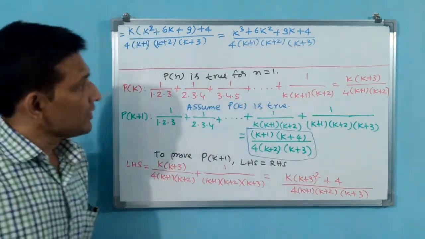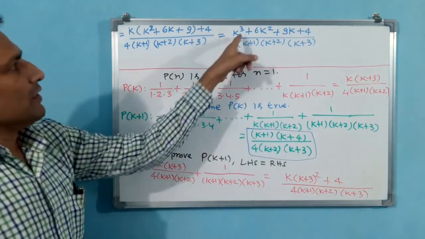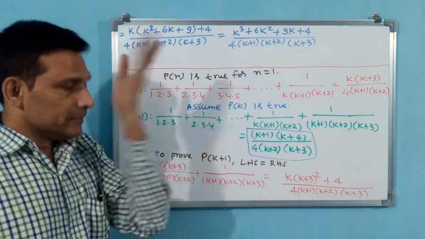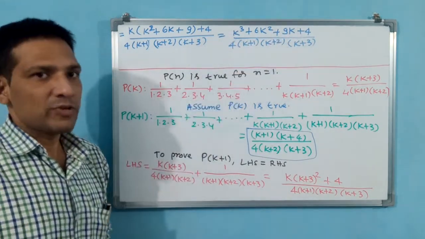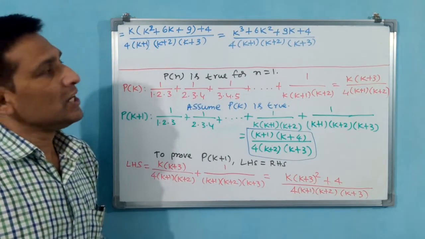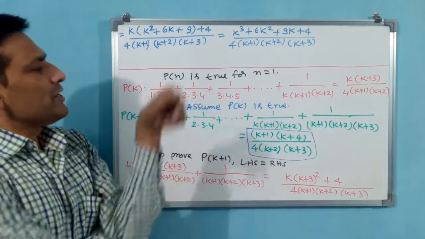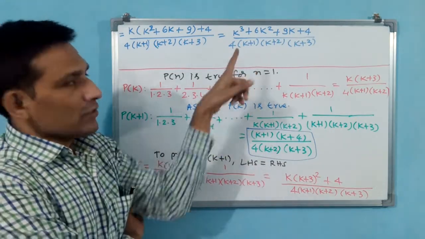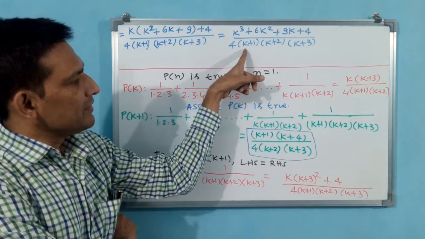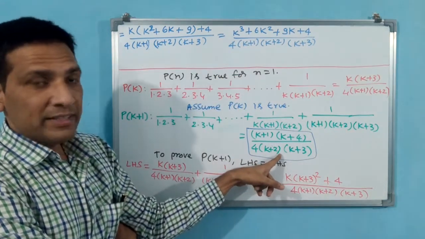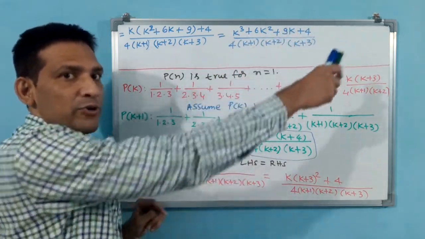Okay. Now you stop and think. Now can you take anything common? Cube form has come, but even though you cannot take anything common. Now you have to proceed by seeing this RHS. What you can do, you see here, if you observe the denominator, k plus 1 is there, here k plus 1 is not there. That means if you divide this numerator with k plus 1, some result is going to come.